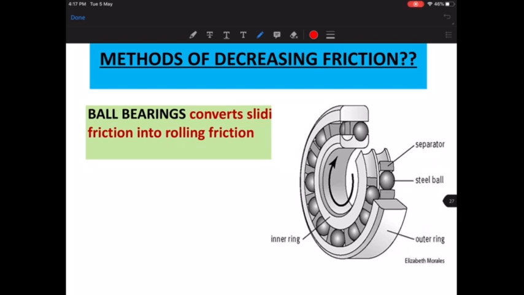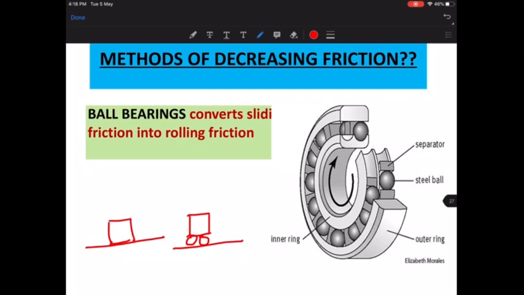Okay, that means suppose something is sliding, it will convert that sliding movement into rolling movement, because rolling is the fastest. Suppose you have a box here. Is it easy to slide the box on a smooth surface, or is it easy to just roll it over some wheels and then move it from one place to another place?